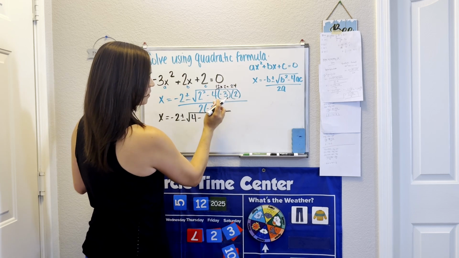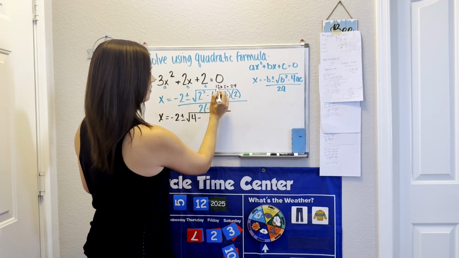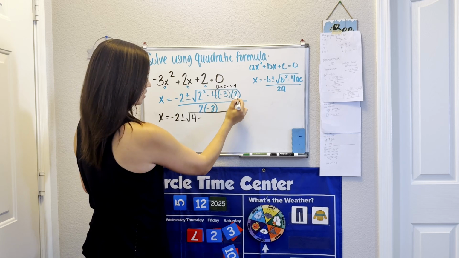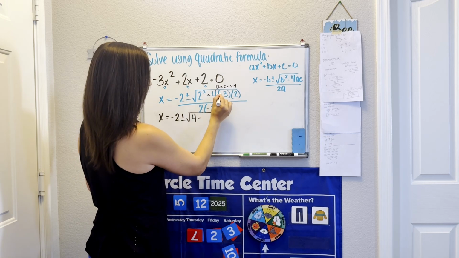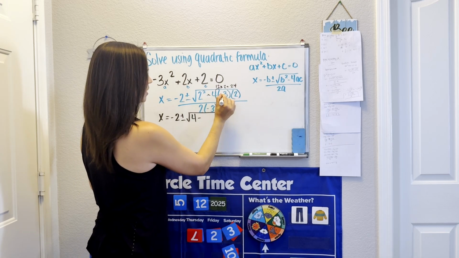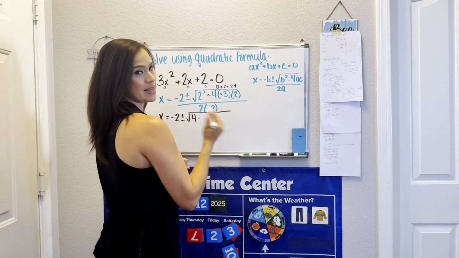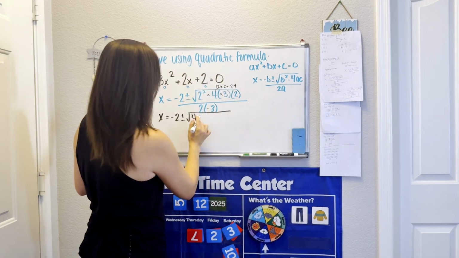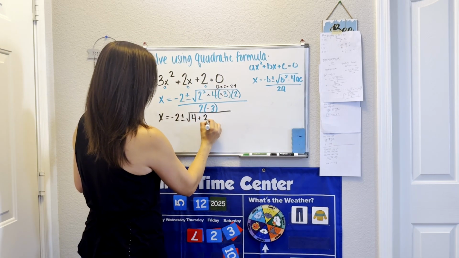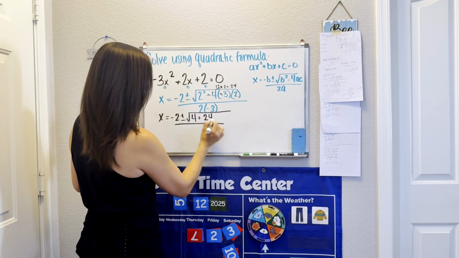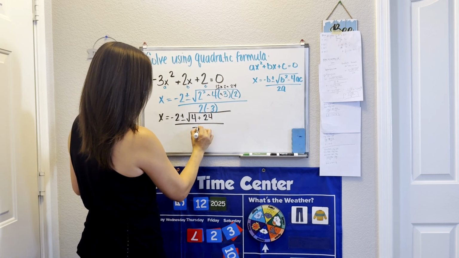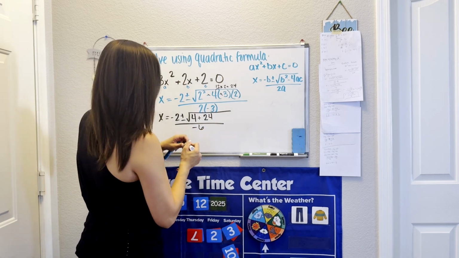This 4 times 3 is going to give us a positive, and then plus a positive, so our negatives cancel out. So now 4 times 3 times 2 is giving us positive 24. So 4 plus 24, all over 2 times negative 3, which gives us negative 6.